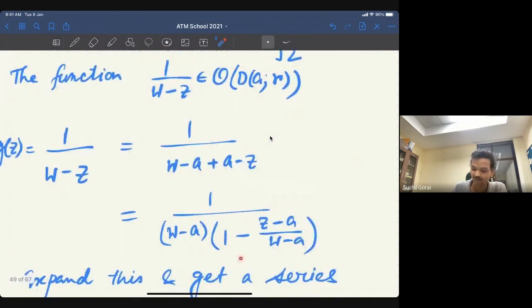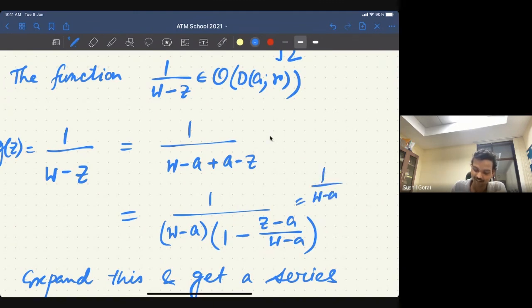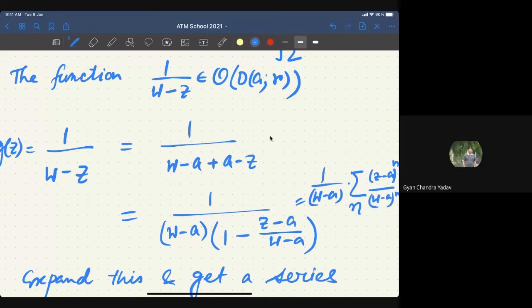You can expand 1 over w minus z as 1 over w minus a times the sum over n of (z minus a) to the n by (w minus a) to the n.